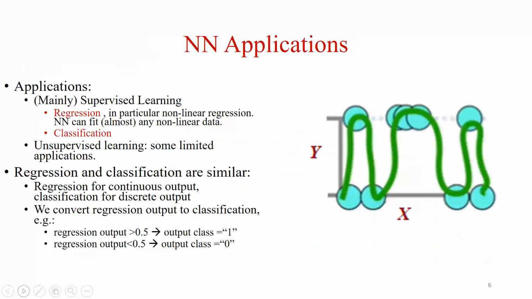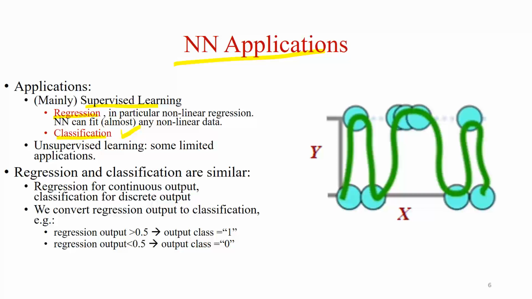Now you can see the main applications for neural networks is really in supervised learning. You can use them for regression and classification, more so in classification than regression. Now you might ask the question, what's the difference between using a neural network and the regression model that we explained in a few classes earlier, which is the linear regression? And the answer is very simple. Neural networks can model nonlinear regression.